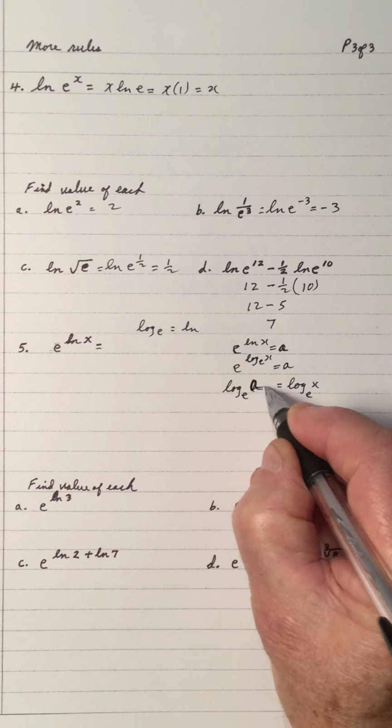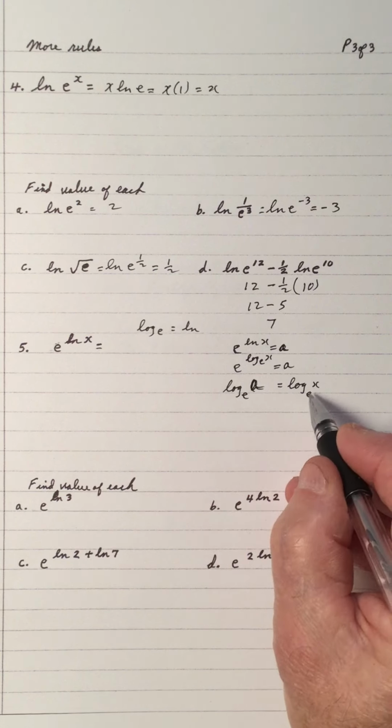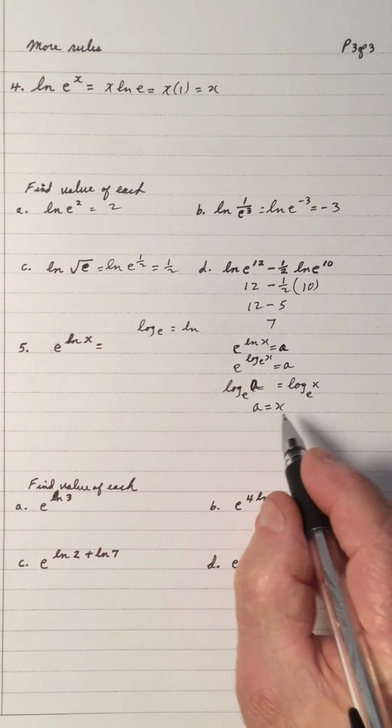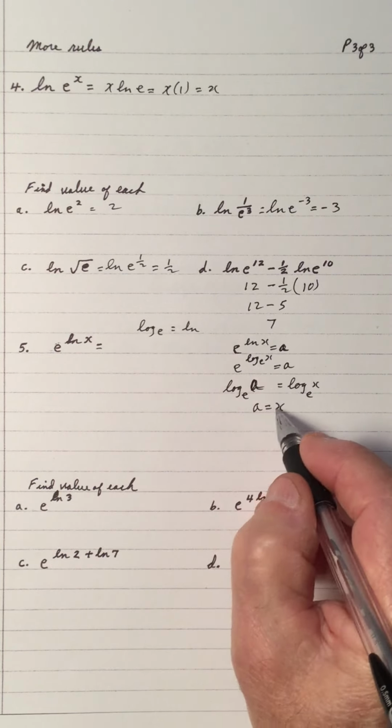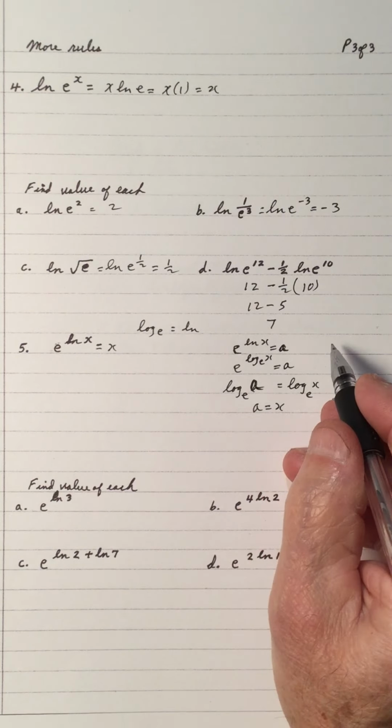So the log of a base e, log of x base e, a is equal to x. So whatever is here is x. So this is a little proof for it.